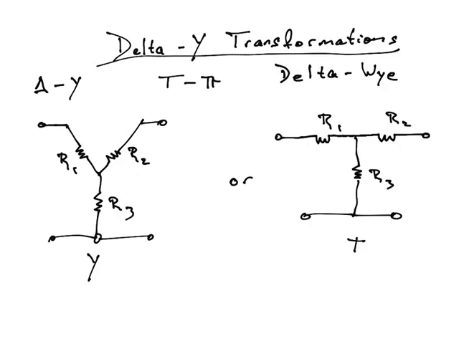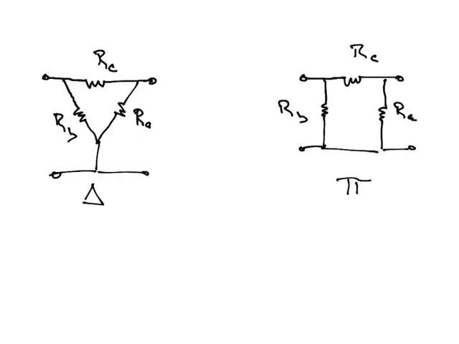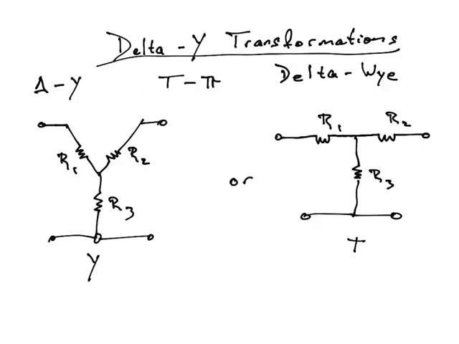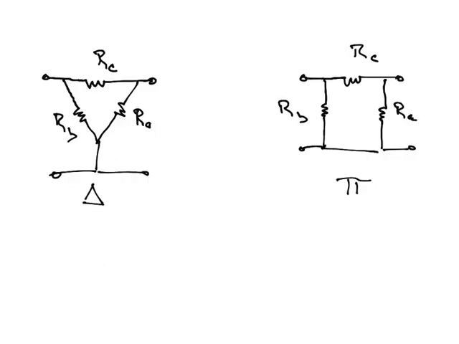So we have a Y connection on the left and a delta connection on the right here. My claim is that if you start with a connection like the Y, we can convert this set of 3 resistors into a different set of 3 resistors connected in the delta formation. So 1, 2, and 3 are not going to be the same as A, B, and C. They're going to be different 3 resistors.